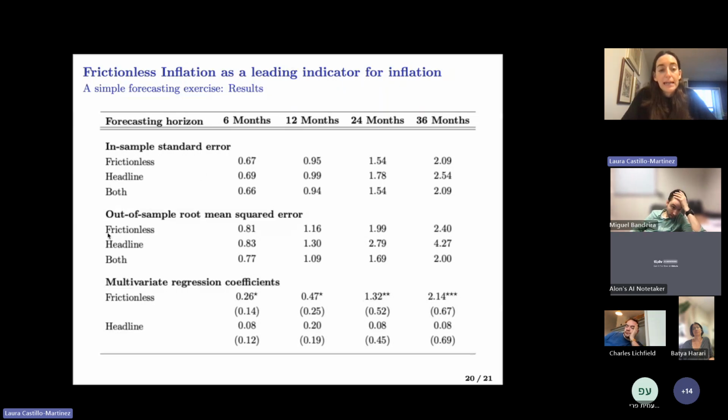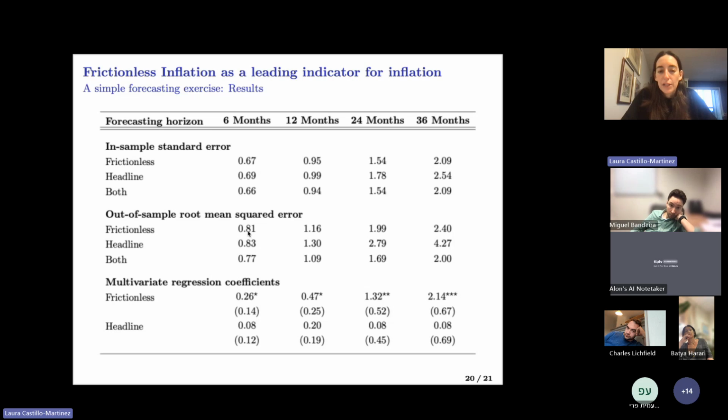A different exercise is an out-of-sample forecasting performance measure, where we run the model up until 2008, and then we forecast from there. We obviously find higher standard errors because we're using less information, and the exercise in itself is tougher.